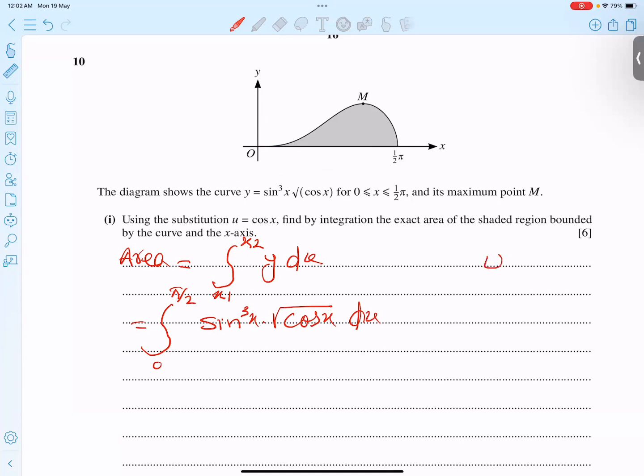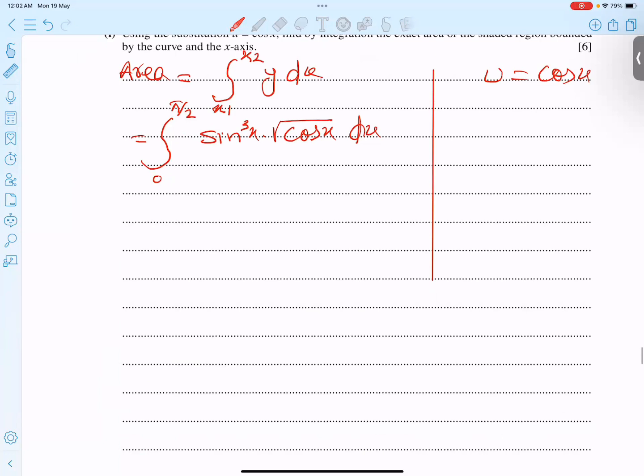And we are given the substitution criteria, u is equal to cos x. So basically we are doing integration, but currently we are going to do differentiation. So du over dx I'm writing is equal to negative sine x. Okay, this I'll bring to the other side, this I bring down.